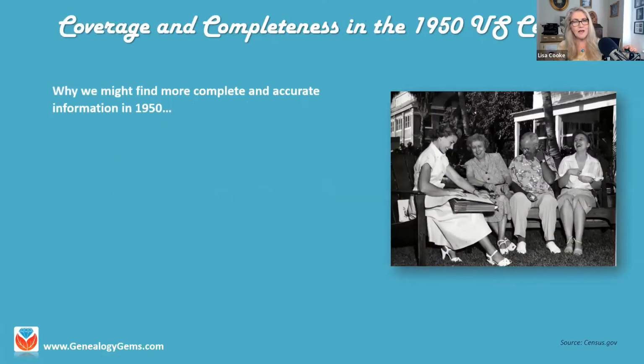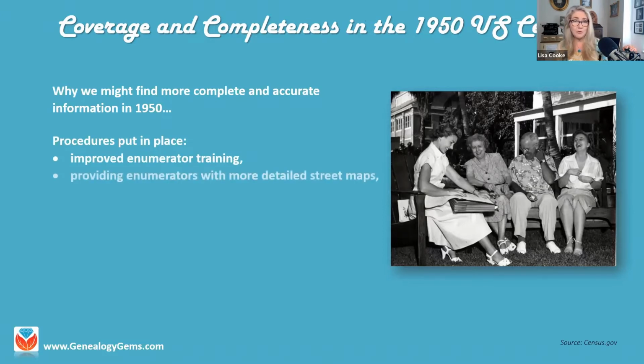Something else about how complete they were striving to make the 1950 census was, there were a lot of different things they were doing. Some of the things that they put in place were, we talked about improving enumerator training, providing those more detailed ED maps. They also published missing person forms in local newspapers.